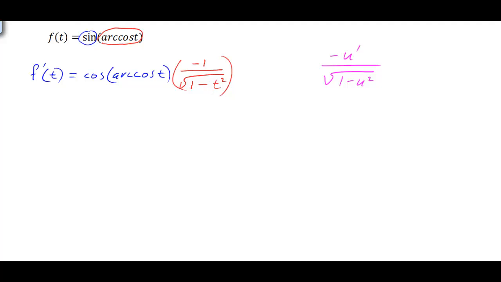And then our very last step would be to take the derivative of our variable t, which in this case would simply be 1. Now, if we go back and do some simplification here, the cosine and inverse cosine, the arc cosine, they're going to cancel out, so we're left with t multiplied by negative 1 over the square root of 1 minus t squared.